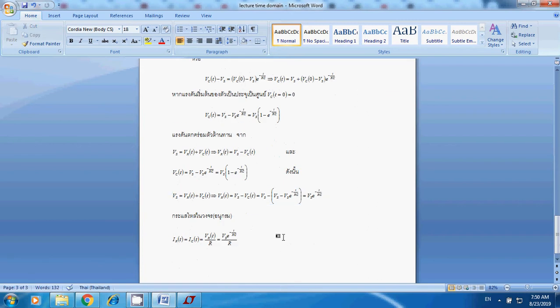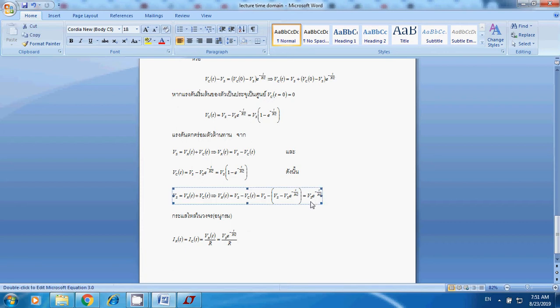And now for the current flowing through the circuit in the series arrangement, you have IR equal to IC. You look for IC, right? For IR, you follow Ohm's law, V equal to IR, so it ends up with VR divided by R, and your VR you already derived here.